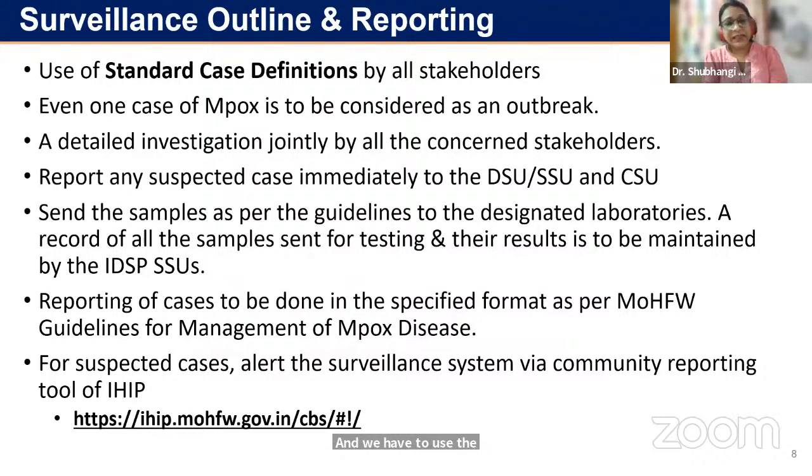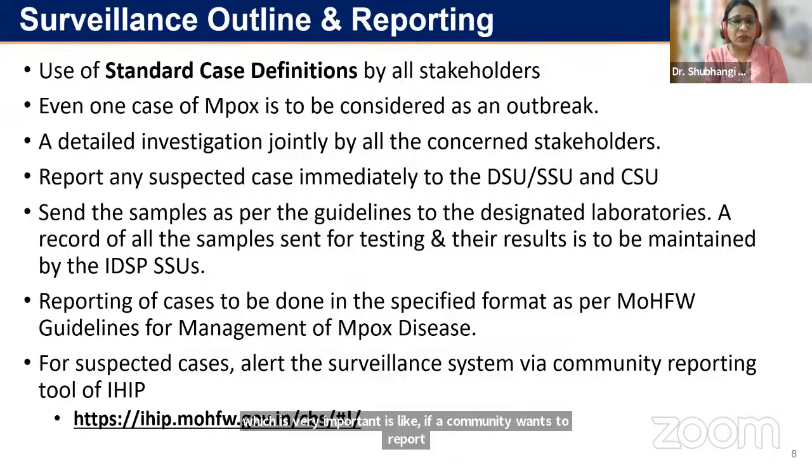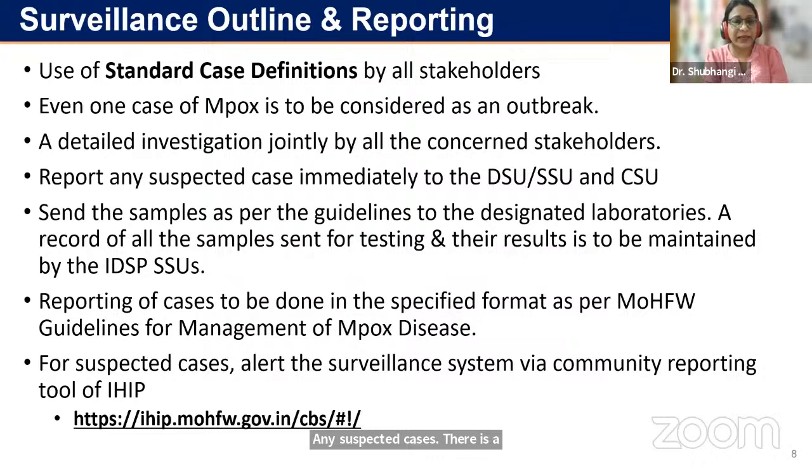For suspected cases, one very important way of surveillance is that if a community wants to report any suspected case, there is a provision of reporting suspected cases on the IHIP reporting platform as well, which can be very well used. Next, please.